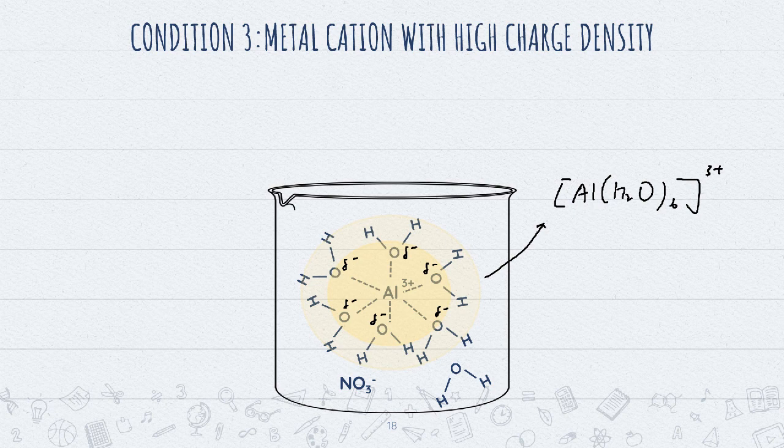As you can see, the circle with a darker shade of yellow represents the region with higher electron density.